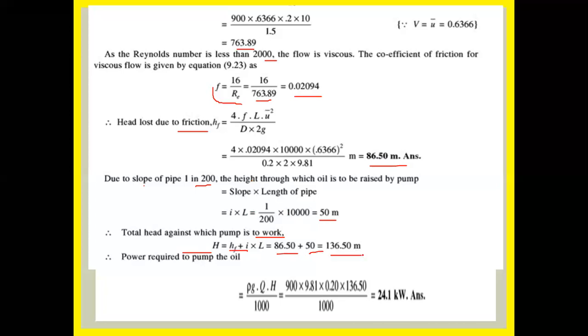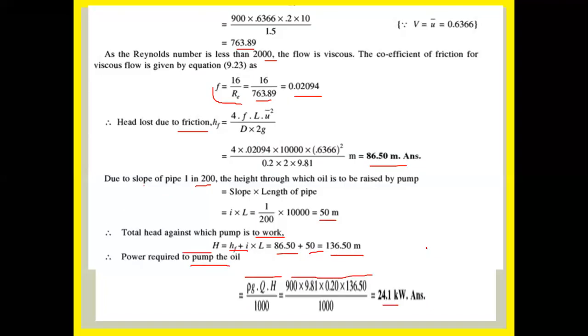Then finally, what you have to find is the power required to pump the oil. The power required P is equal to rho into g into Q into H divided by 1000. That is 900 into 9.81 into Q into H divided by 1000, which is equal to 24.1 kilowatts. That is the power required for pumping the oil through the pipe. So this problem is related to parallel plates.